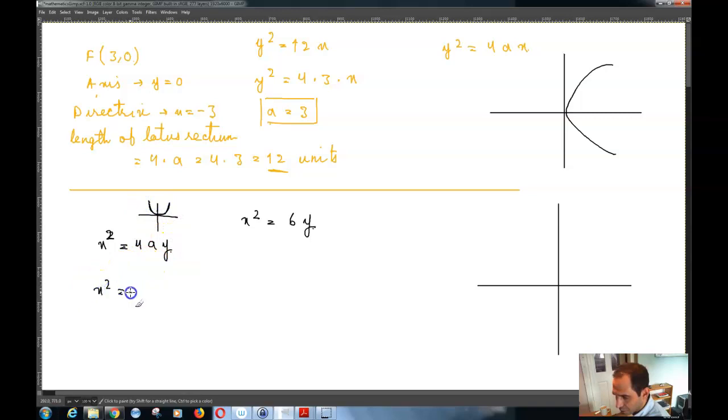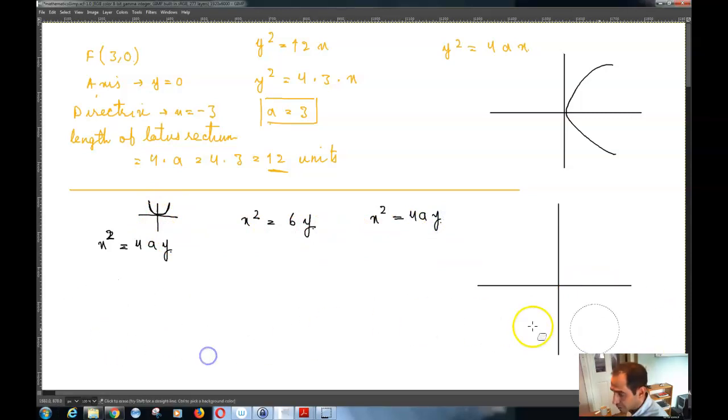If you have x squared is equal to negative 4ay, it's going to be opening downwards like this. So this parabola fits with this parabola over here, meaning that x squared is equal to 4 times ay, and it's opening upwards.